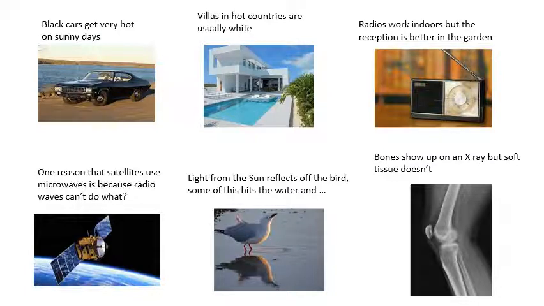If we have a look at Cyril the seagull, light from the sun is reflecting off the bird. I mean, that's why we can see it. And then some of this reflected light is reflecting off the surface of the water. Some of it will be going into the water, but some of it is reflecting, which is what we can see. The X-ray I've already mentioned.